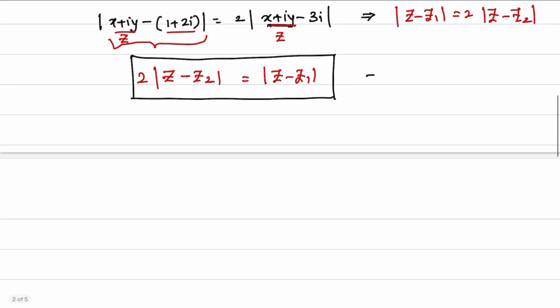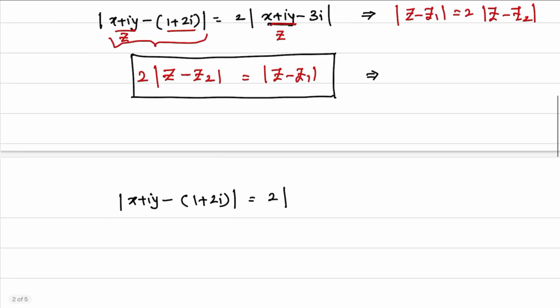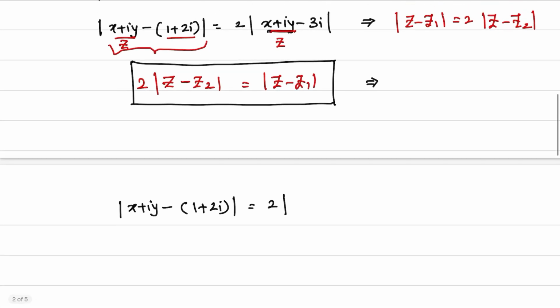That means it implies modulus of Z minus Z1, where Z is x plus iy, minus 1 plus 2i, is equal to the condition satisfied by the curve: 2 into modulus of x plus iy minus 3i.